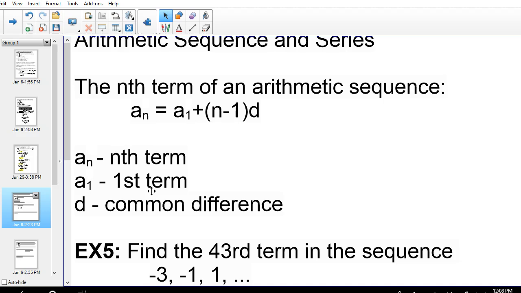So if you need to find any term, you take your first term and add n minus 1 times d. If you found it by hand there, you added 2 42 times, right? Because you already had the first term, so you added it 1 less than the term you were looking for.